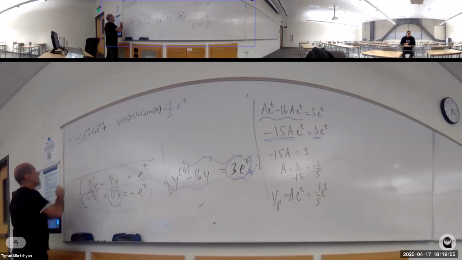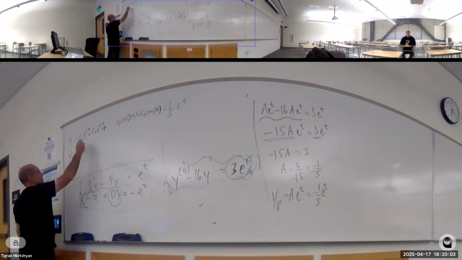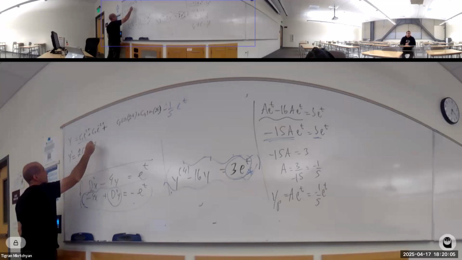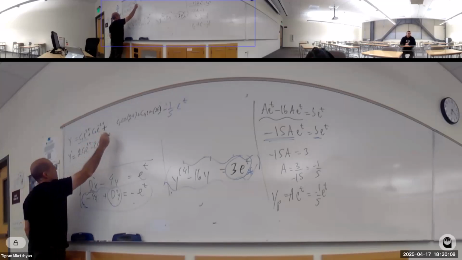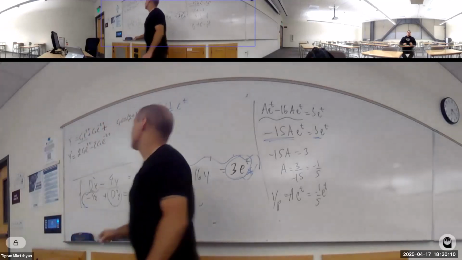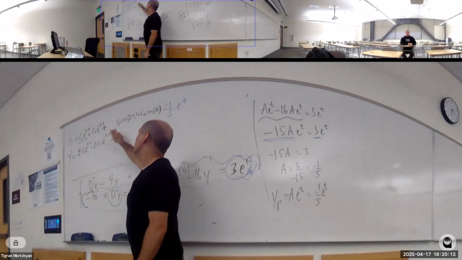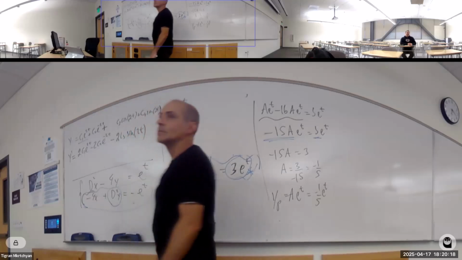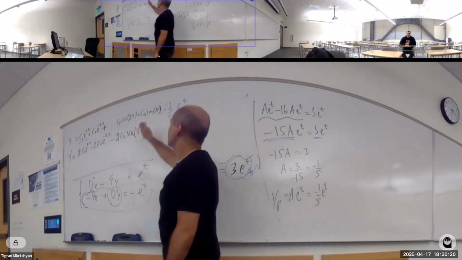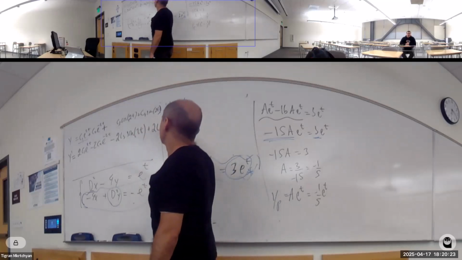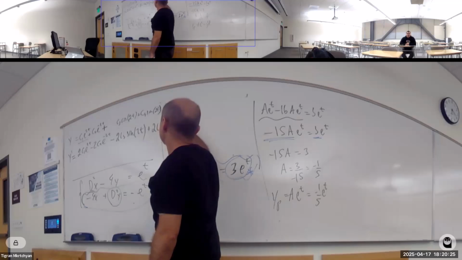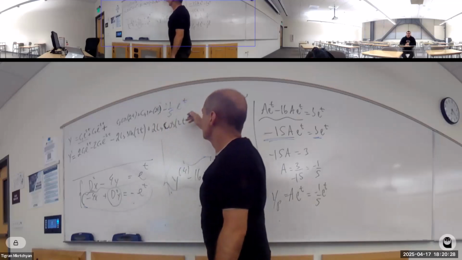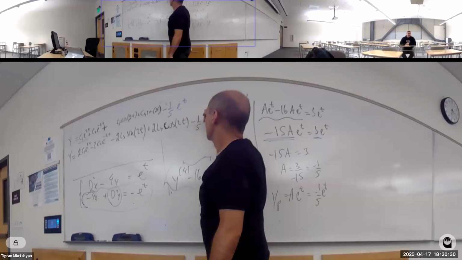So we find the derivative of this guy, which is what? 2C1 e to the 2t minus 2C2 e to the minus 2t, and the other guy, right? Plus 2C3 cosine 2t, that's right, plus 2C4 cosine 2t, minus the last term.